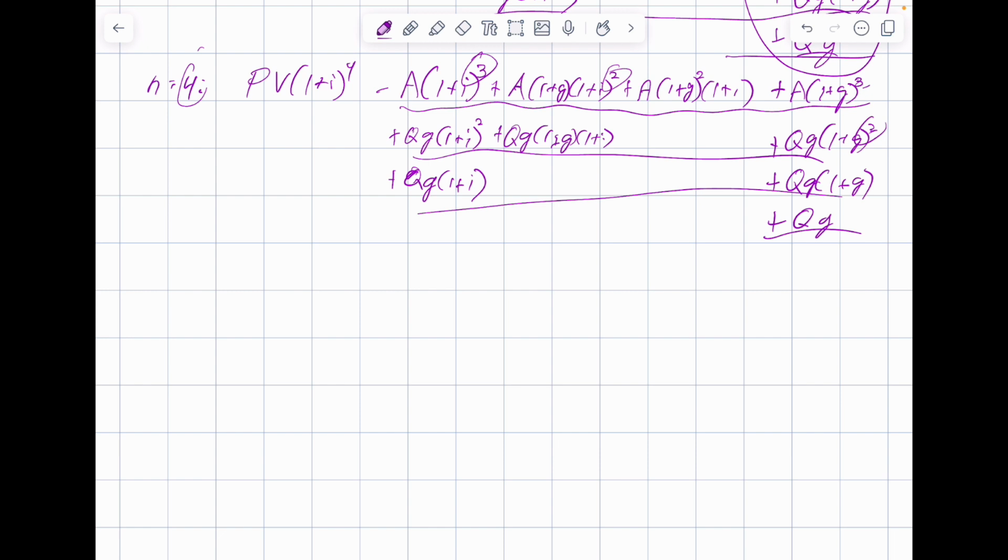To use the geometric sum formula, we need to convert this to increasing powers of r to the 0 plus r to the 1 plus r squared plus r to the third power. We can do this by moving the 1 plus I to the third term outside of each of the remaining.